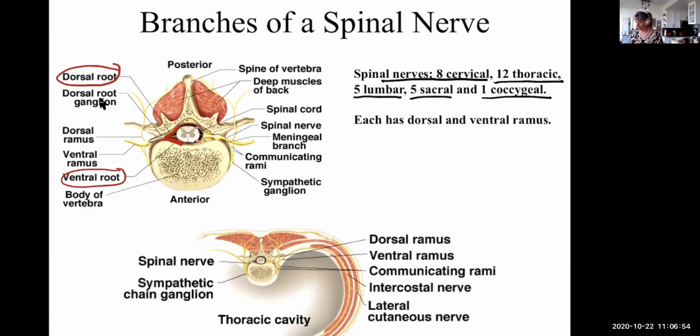But after they merge, they branch again. They start branching, it seems almost uncontrollably, but there are some main branches. So I'll just write that down.